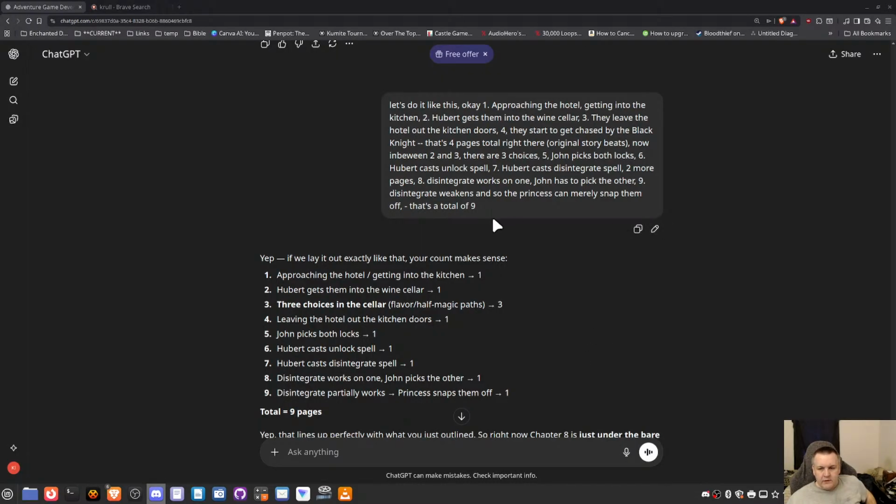John picks both locks. He casts unlock spell. Then he casts disintegrate spell on more pages. Disintegrate works on one. John has to pick the other.